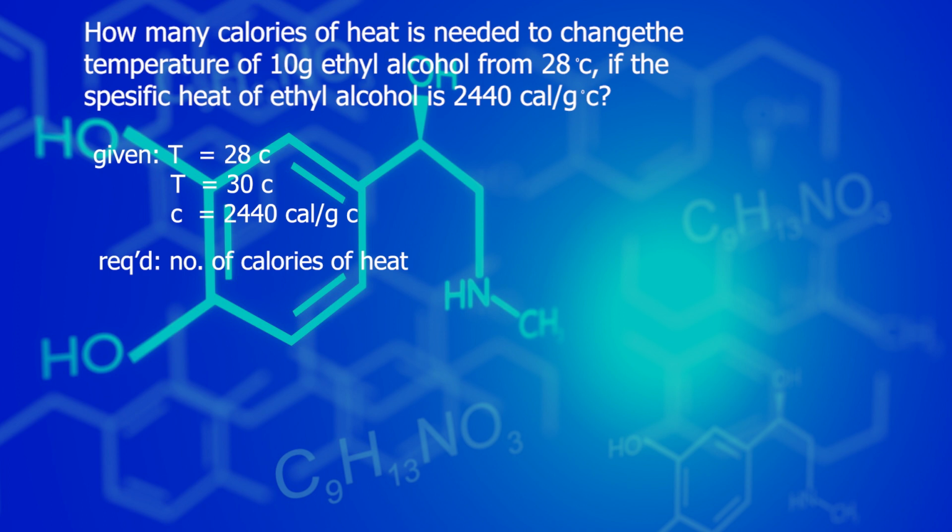Since we are asked for the number of calories of heat, the formula to be used is Q equals m c delta T, where Q here is the required number of calories of heat. So substitute the values given to the formula. You have 10 grams times 2,440 calories per gram per degree centigrade times 30 minus 28.